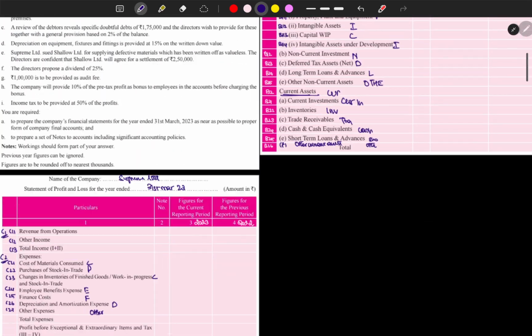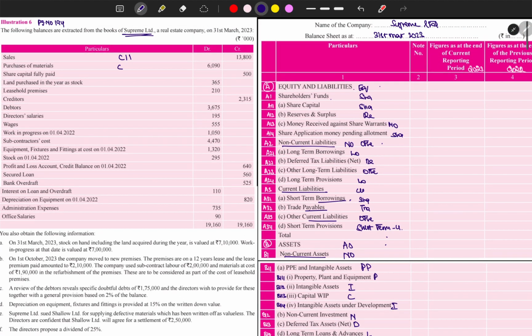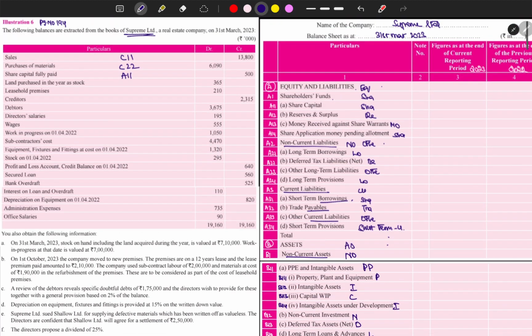So cost of material consumed is C22. Share capital fully paid up is share capital, which is A11. Land purchased in a year as stock, which is purchase of stock in trade. Okay, they are purchasing the land because they are running a real estate company. So purchasing the land is the stock for the company.